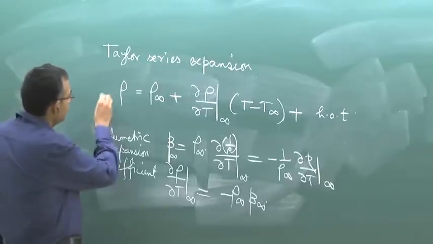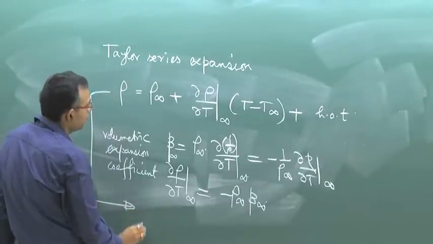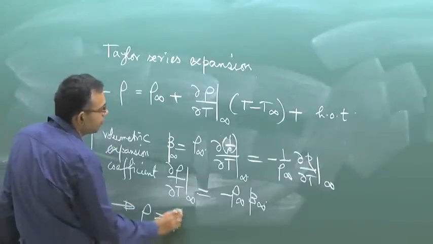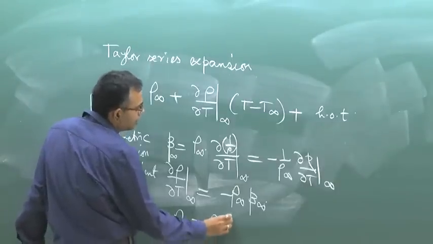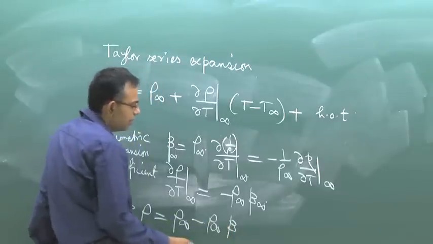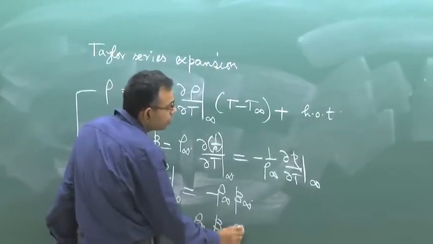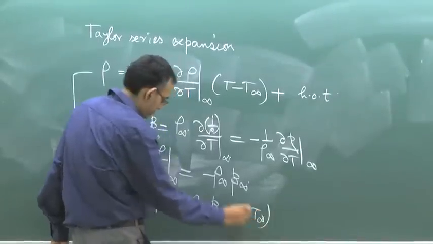So in this equation you have rho is equal to rho infinity minus rho infinity beta infinity into T minus T infinity.